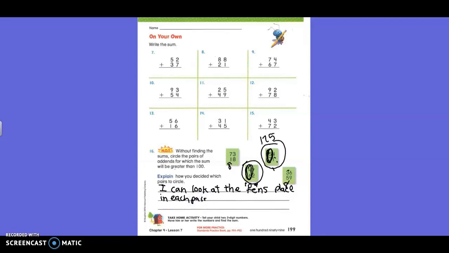Look at the tens place in each pair. Yes? I can look at the tens place in each pair. P-L-A-C-E.